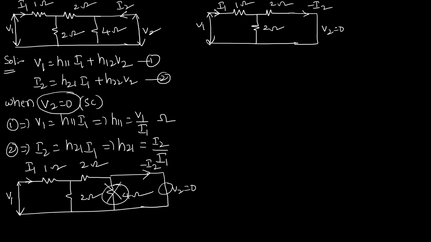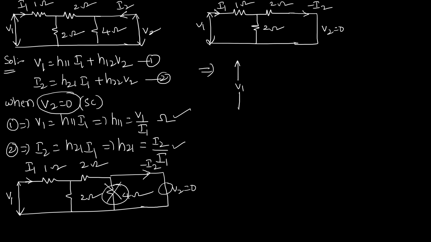Now concentrate on the parameters H11 and H21. These are in terms of V1, I1 and I2. Since V1 is a supply voltage, no need to do any calculations. We have to find the relations for I1 and I2. This can be even more simplified according to our convenience.